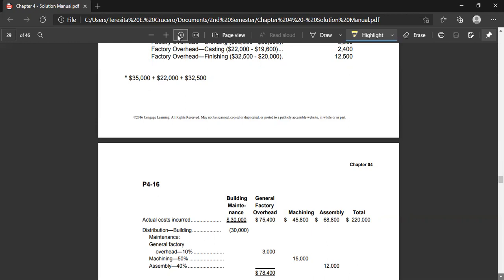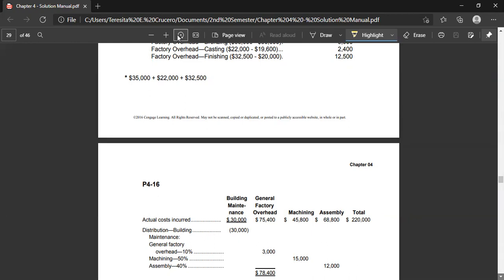Now for distribution, we are going to distribute 30,000 in here. During the year, both machining and assembly use 28,000 direct labor hours. You are given the departmental factory overhead cost incurred during the year.